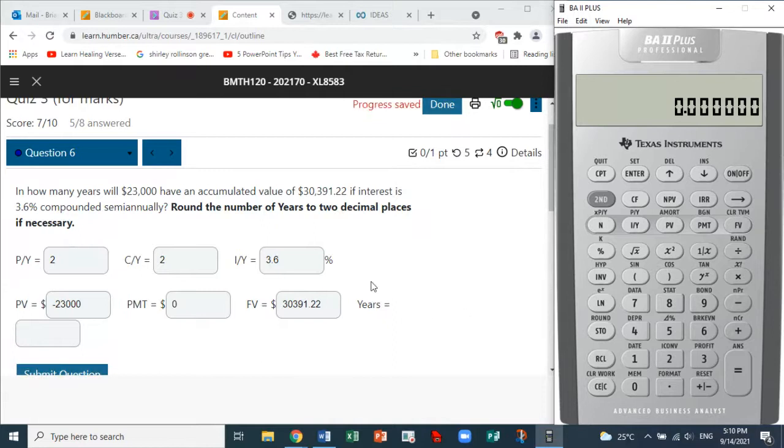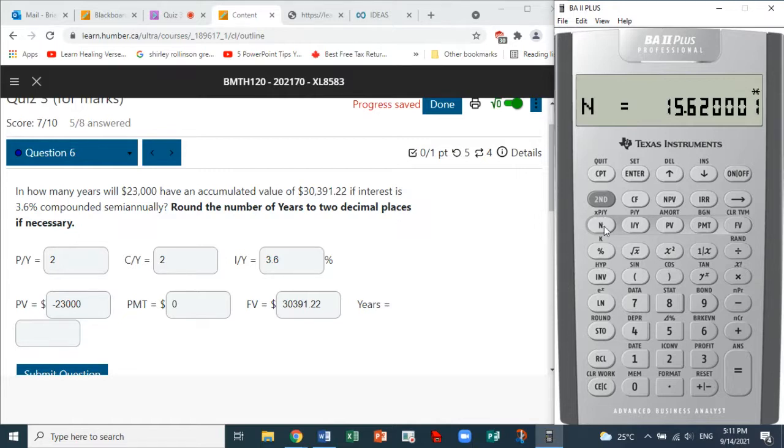Now, N we are computing, so we skip over to I/Y, which is 3.6, and we put that in. Present value is 23,000, plus/minus for present value. 0 for payment and 30,391.22 is the future value. And we compute N.